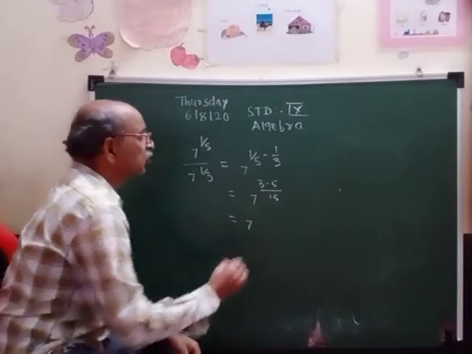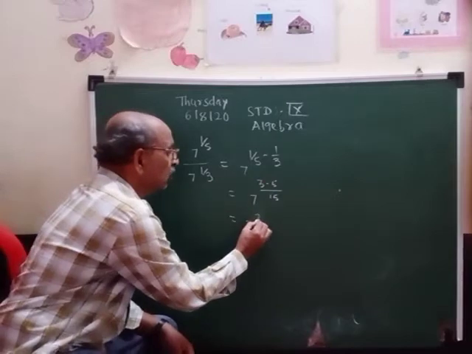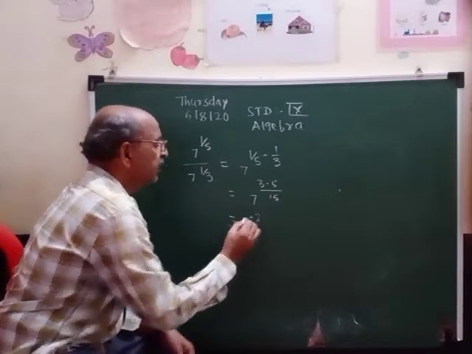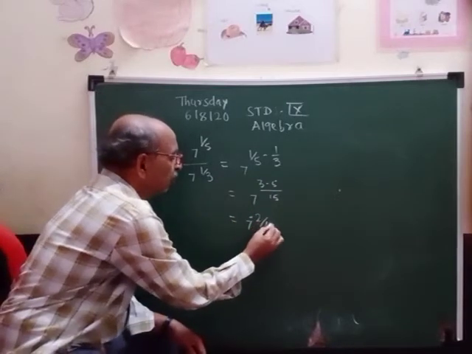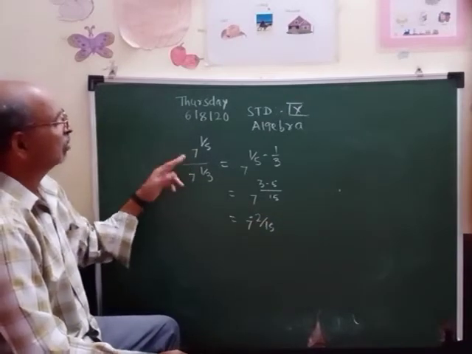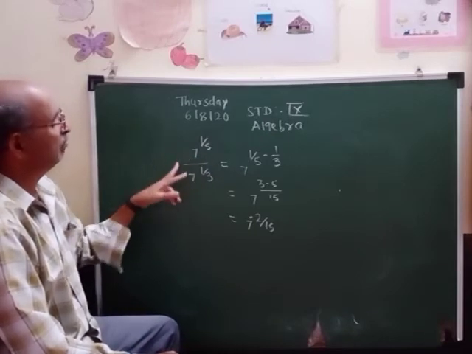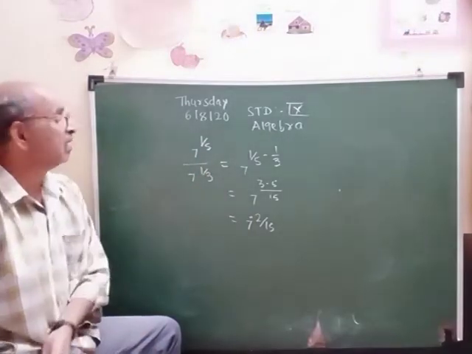Now 7 raised to, these signs are different, so 3 minus 5 is 2, but we take the sign of the greater integer, so minus 2 upon 15. So 7 raised to minus 2 upon 15 is the answer of this example, where the base is same. In division with the same base, the indices are subtracted.